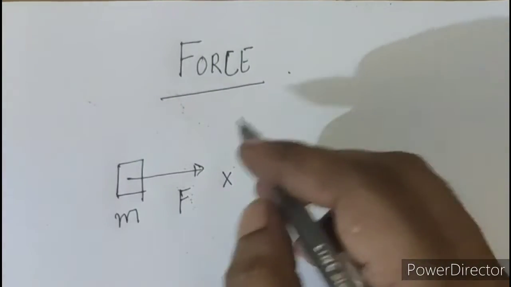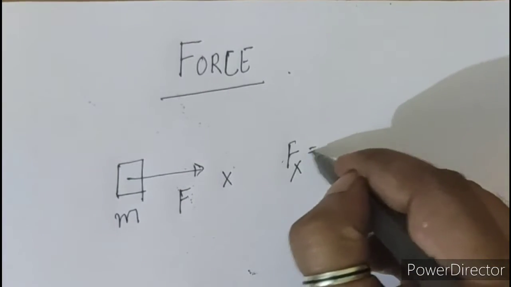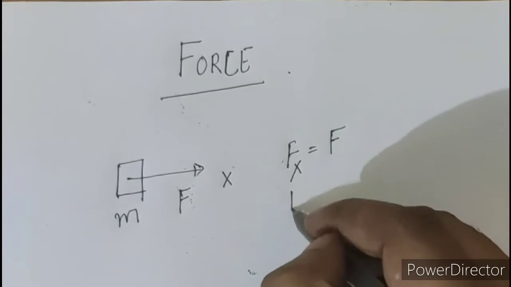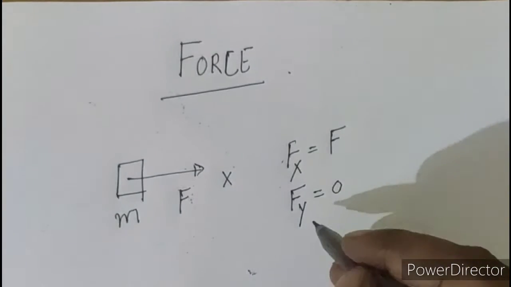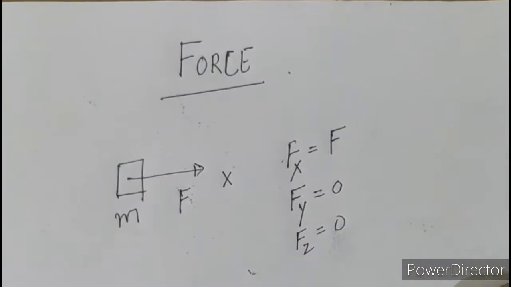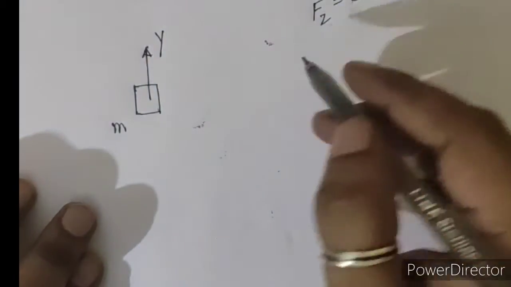So the component of force along the x axis is F, the component of force along the y axis will be 0, and the component of force along the z direction will be 0. Now assume we have the same body of mass m and we have force along the y direction alone.